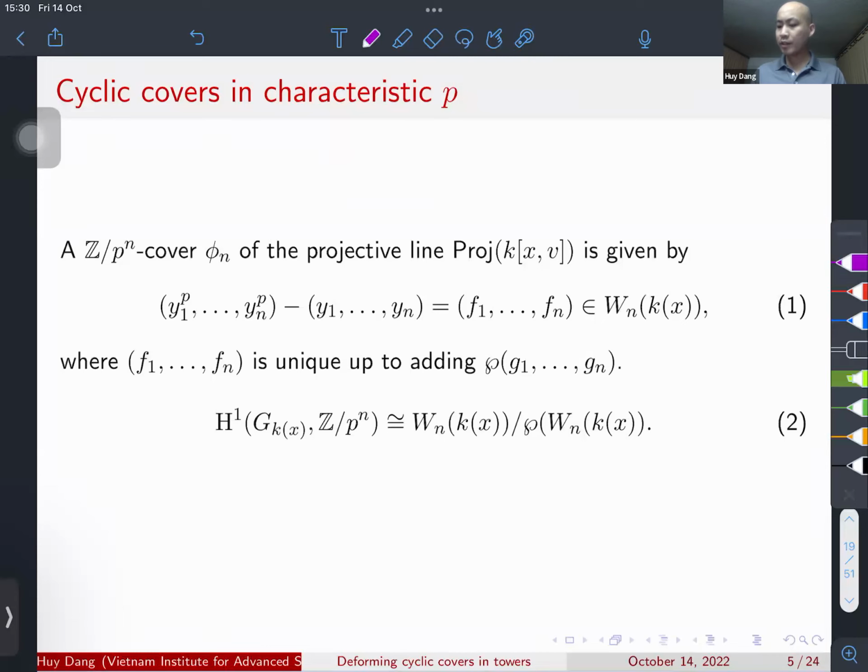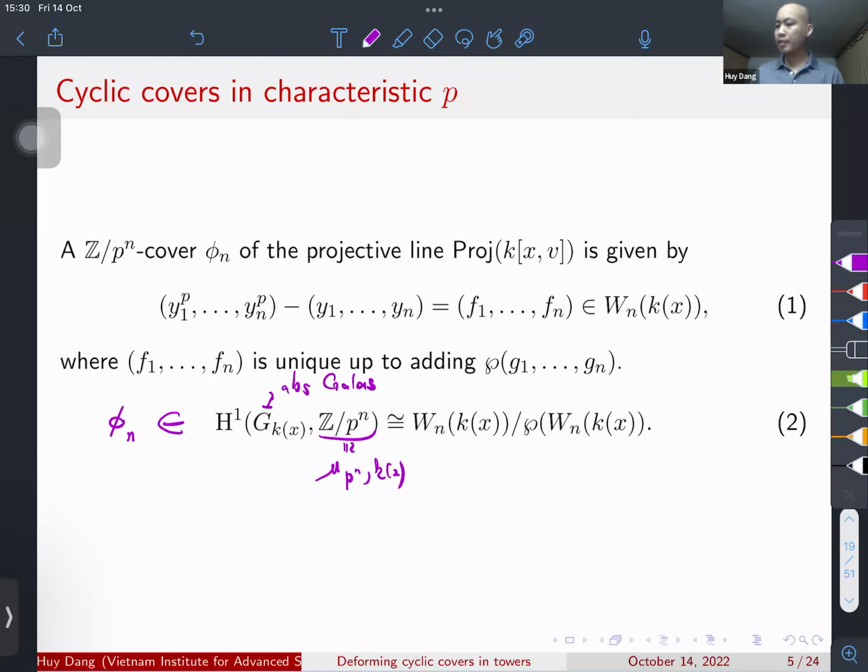One perspective we should consider is from group cohomology, because the phi_n that we consider can be thought of as a character, an element of the group H^1 of G_{K(x)}, the absolute Galois group of K(x), with coefficients in Z mod p^n. This is a group cohomology, because you can think of this as mu_{p^n}, the group of p^n roots of unity, with coefficients in K(x).